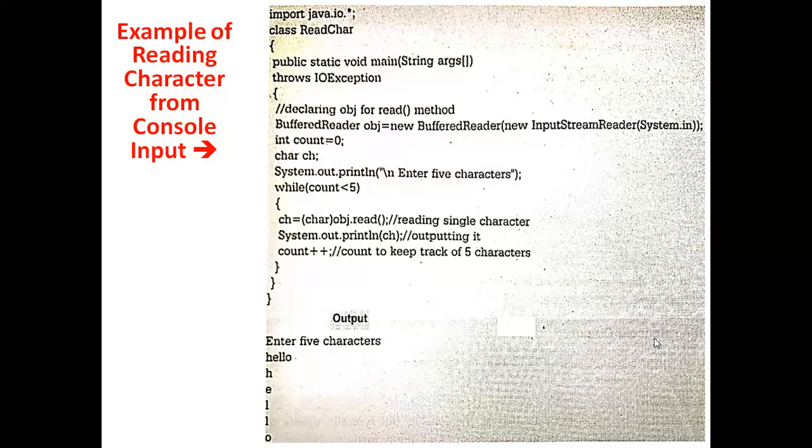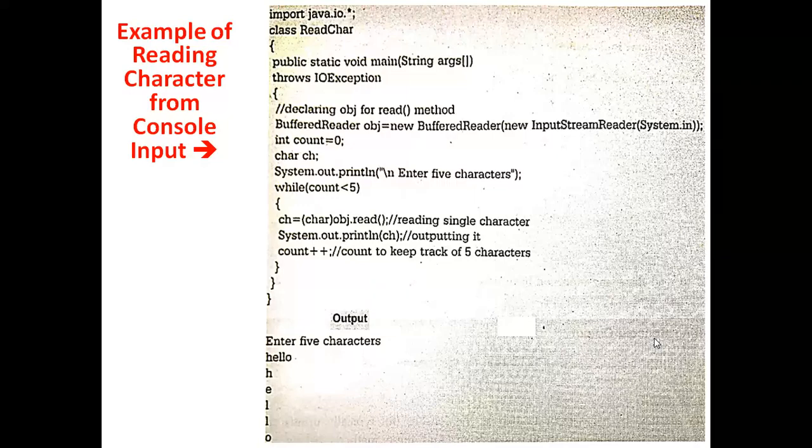Hence, you can see in the output that first the message is displayed, enter 5 characters. Then the user inputs hello, which has 5 alphabets, and these alphabets are afterwards displayed one by one using System.out.println ch.